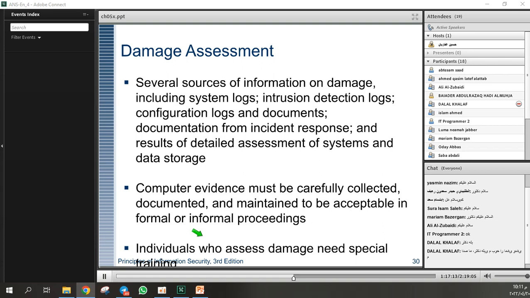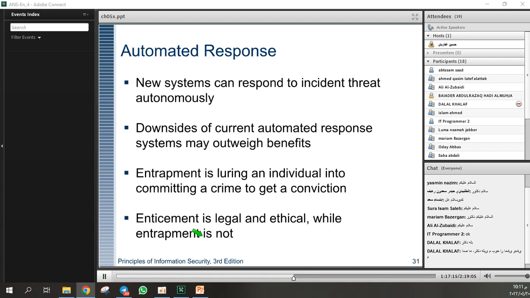But we need to collect them. And this damage assessment must be done by some specialists, people who are trained for this. Not everyone can do that. We need specialists for this damage assessment.